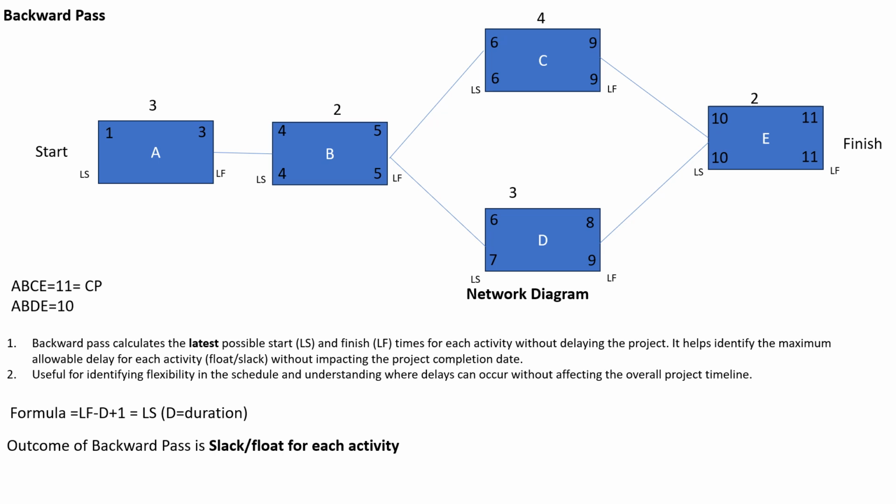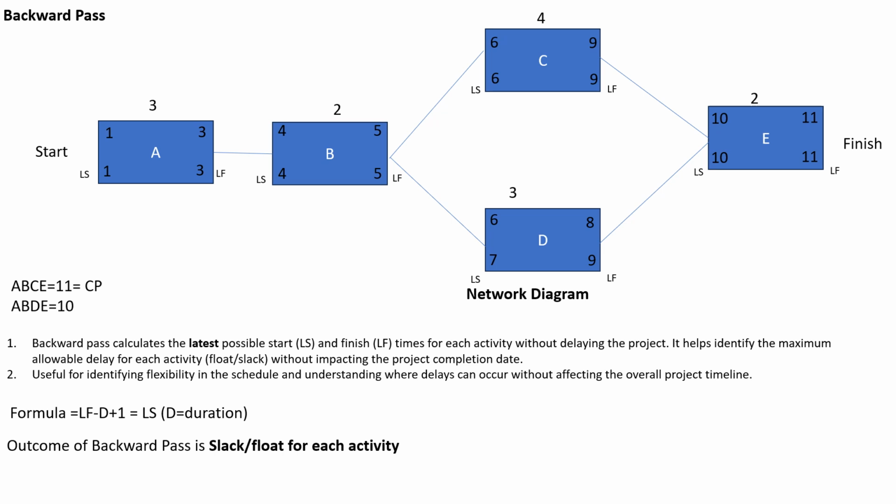We already know that if an activity is starting on day 4, it is completing all of day 4 and all of day 5. That means activity A will be completed on day 3 and it will start on day 1. If you apply the formula LF minus D plus 1, then it will be 1. It is very important to remember that the outcome of the backward pass is the slack or float for each activity.